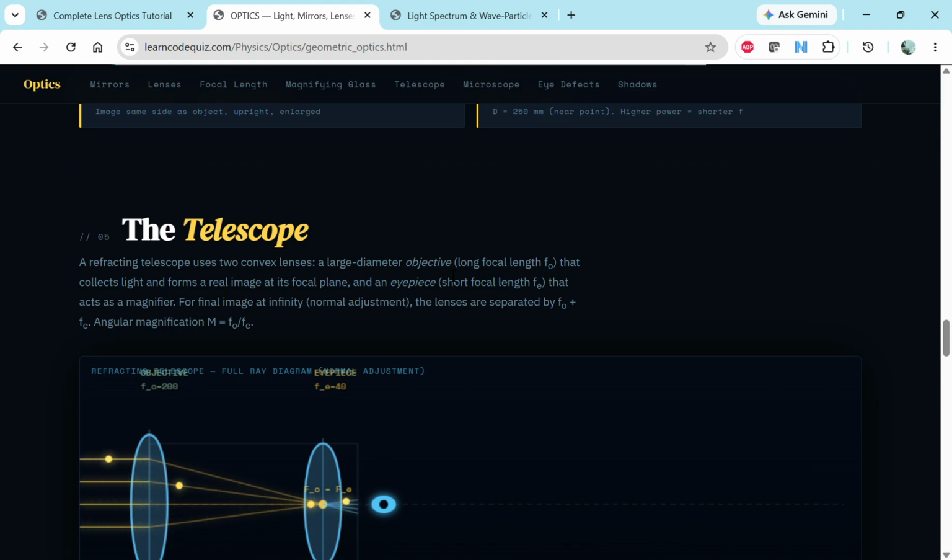So let's say it has a very short focal length, the magnifying glass, and so it forms an image at the focal length of the magnifying glass, and then you can see the image at infinity, after normal adjustment.